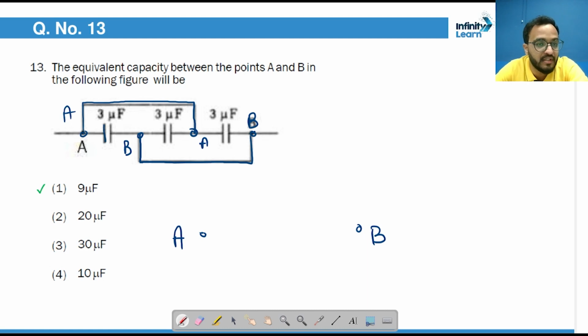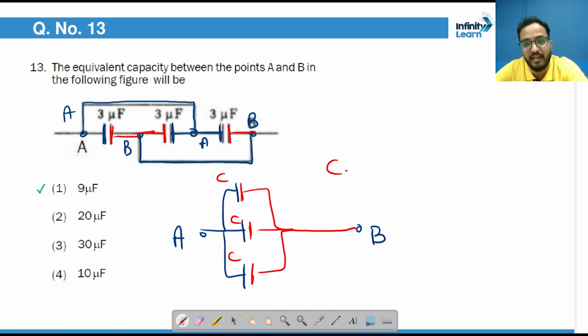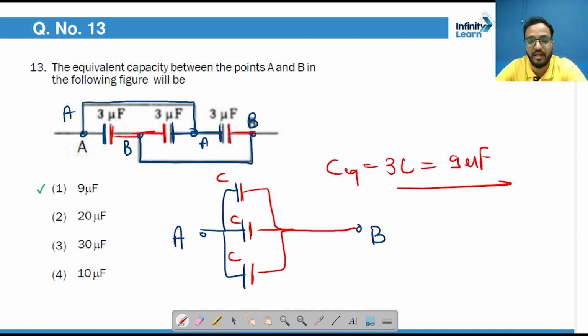You will say, sir, this capacitor's plate is attached to A, and this is also attached to A, and this is also attached to A. And how many plates are attached to B? 1, 2, and 3. These are all attached to B. So don't you think they all are in parallel? C, C, C, and in parallel, what is C equivalent? 3C, 9 microfarad. Got it?